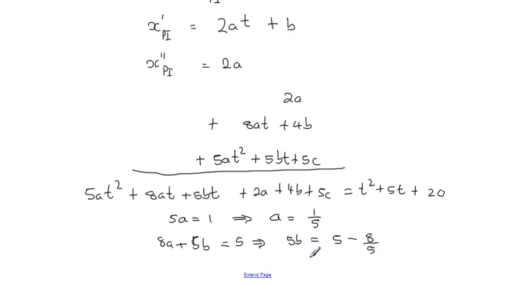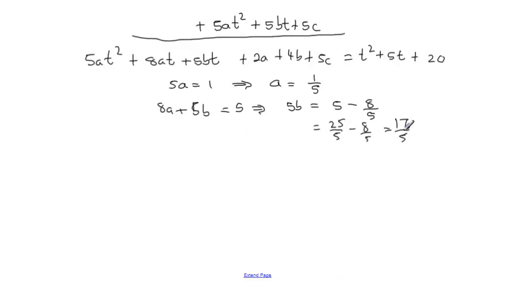Simplifying this, we've got 25 over 5, which is 5, minus 8 over 5, which gives us 17 over 5. Now dividing both sides by 5, we get that b equals 17 over 25. That's what we've got for b.